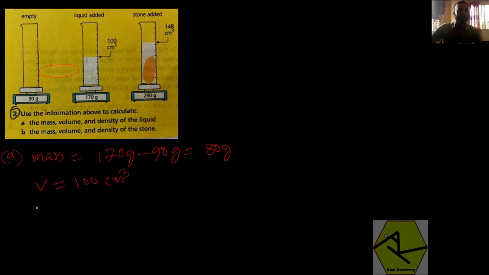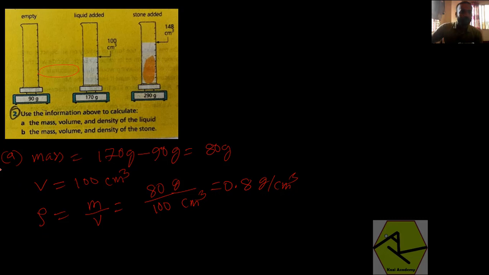Then density rho equals to m divided by volume, that is 80 divided by 100 gram per cubic centimeter. So it will leave 0.8 gram per cubic centimeter. So number A is done.